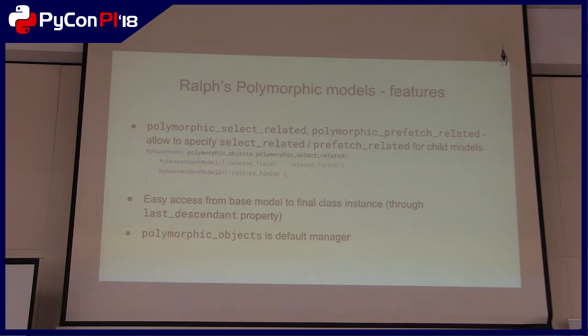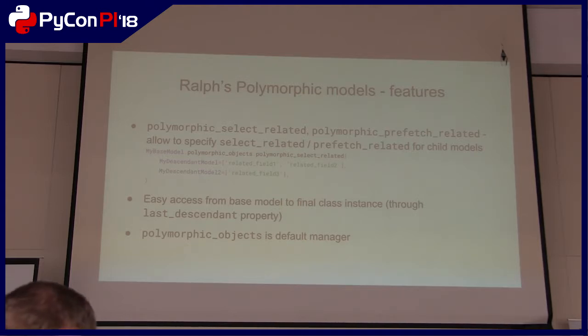So, in this polymorphic select related, we can specify on what fields select related should be executed when we touch some child model. For example, when our polymorphic object handles my descendant model, it will select related this field, but when it gets my descendant model 2, it will select related some other field.